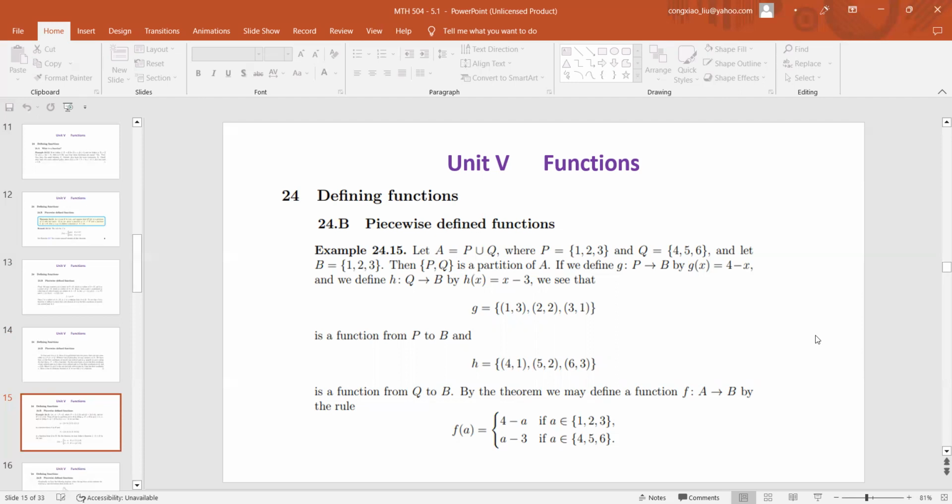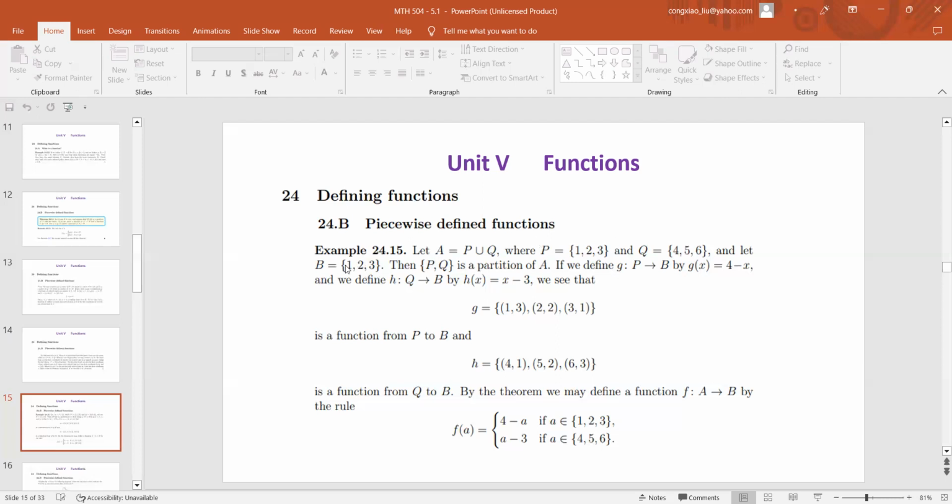So let's do some examples. In the first example, we have set A and set B. Set A is the union of two sets P and Q, where P has three elements, 1, 2, and 3, and Q also has three elements, 4, 5, and 6.